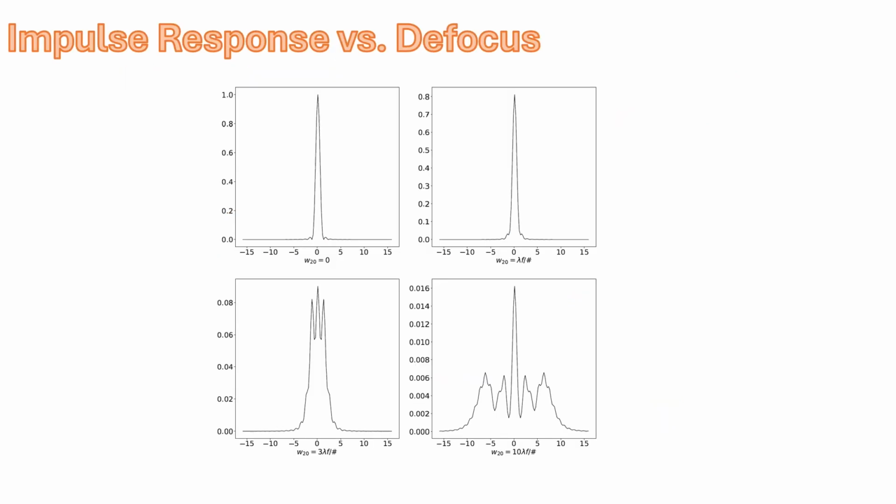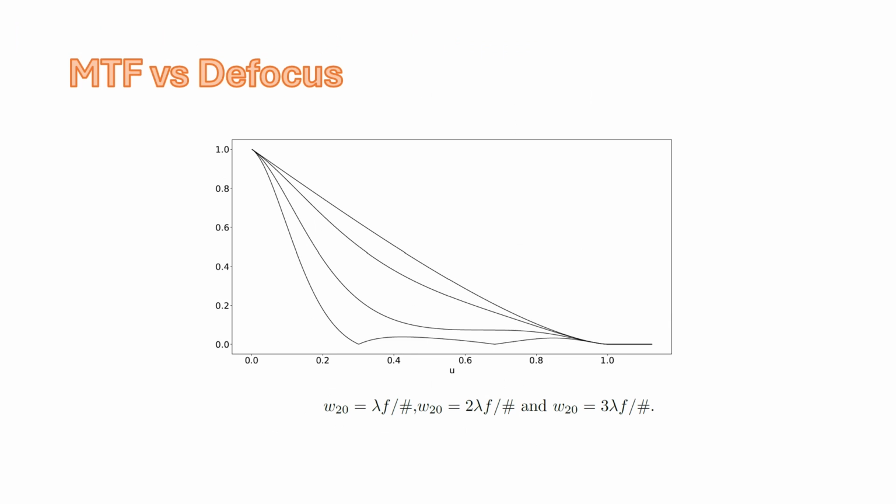So again, as we change W20, you see this impact on the impulse response. If we take the Fourier transform of the impulse response, we have the optical transfer function, and looking at the magnitude of that along the spatial frequency axis for cylindrically symmetric systems, we see that this is what the modulation transfer looks like. So this top curve is the standard optical transfer function that we talked about for a clear aperture in episode 49. And as we add defocus, you see that the modulation transfer drops.